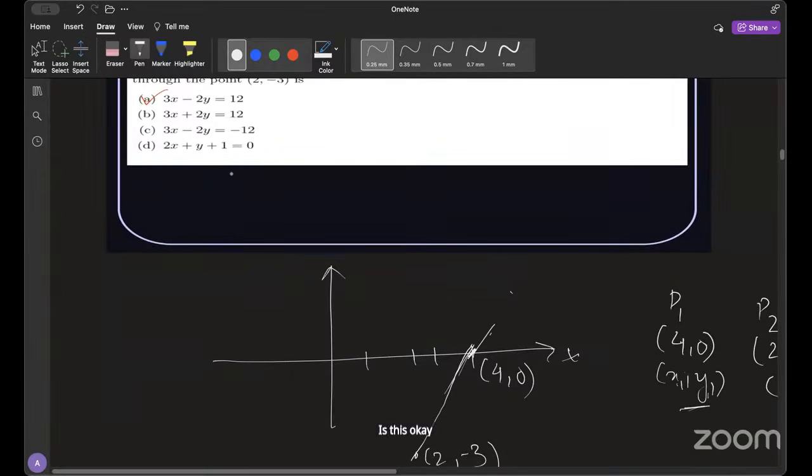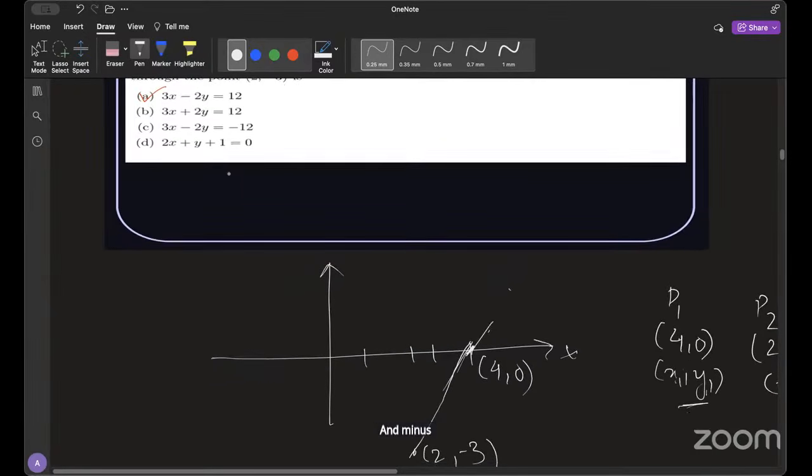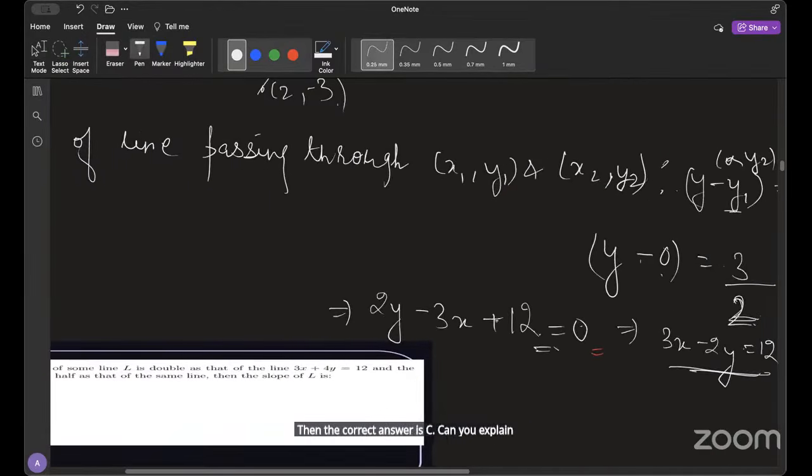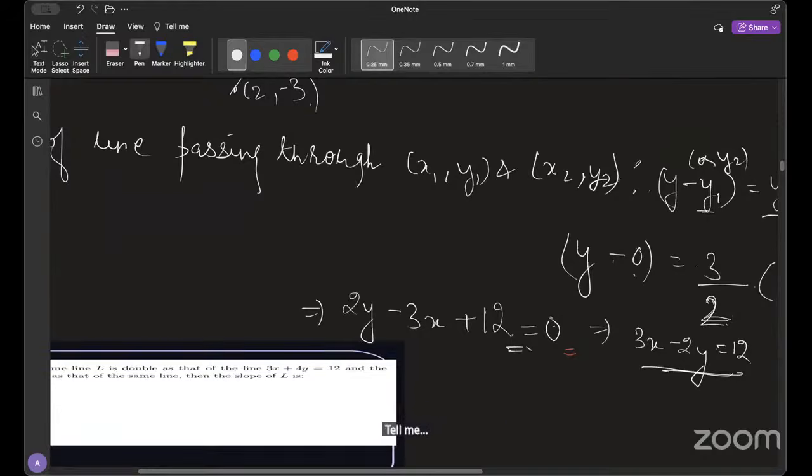Ma'am, minus 12. 12 will be minus 12, then it goes to the other side of the equal sign. Then the correct answer is C. No, it's 3x minus 2y, and we will not be taking minus 12 to the other side. We're taking these two on the other side. This is the equation that we get, right? Okay, okay.